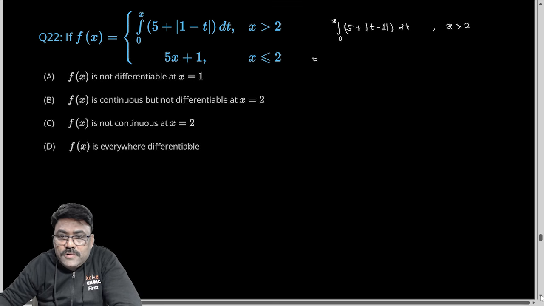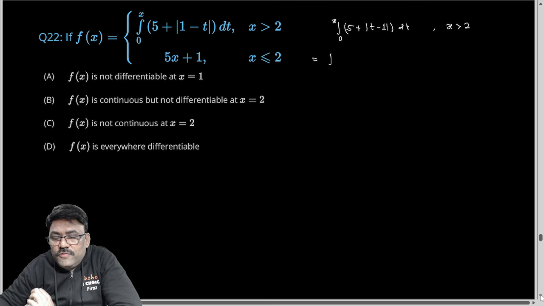I'm breaking the interval at 1, because for t less than 1, t minus 1 is negative, and for t greater than 1, t minus 1 is positive. So from 0 to 1, t minus 1 is negative, so it is the integral of 5 minus t plus 1 dt. And from 1 to x, t is greater than 1, so it is the integral of 5 plus t minus 1 dt.